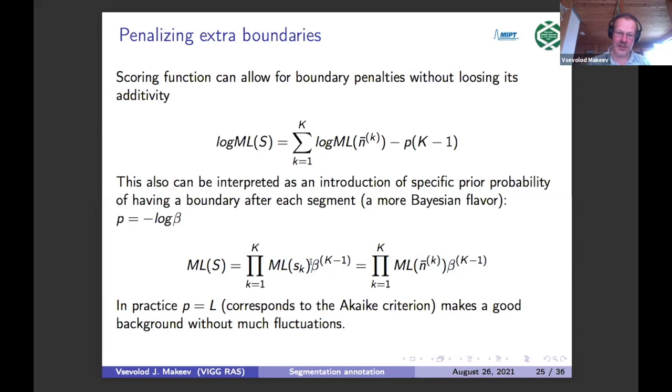You just add the penalty parameter beta, and you multiply it for each new boundary introduced between segments. And so after you've got k segments, you've got beta to the power k minus 1 here. So you've got this product of likelihoods for particular segments in each particular segmentation. And again, you've got beta to the power of the number of segments.